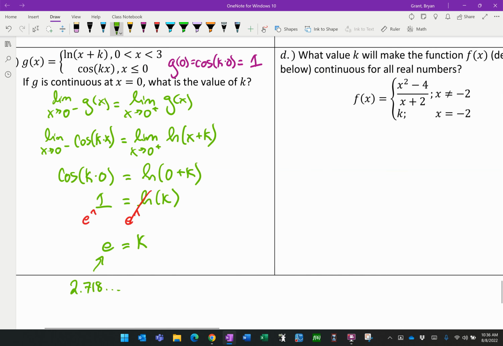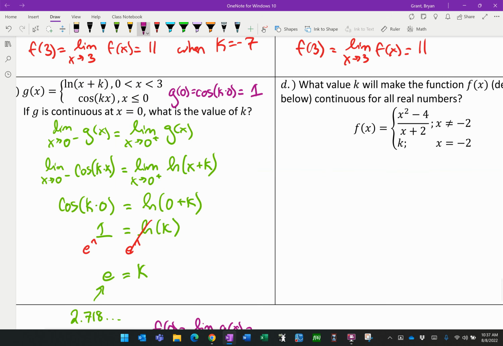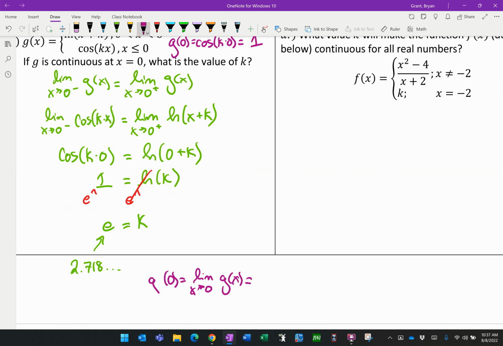And again, wanting to do that due diligence, we would say, now that we found that, g of 0 is going to equal the limit as x approaches 0 of g of x, and those should both equal the point. I put f, that's awkward, g, and the point was 1. You can quickly check that. If k is e, the natural log of e is equal to 1. That looks pretty good.